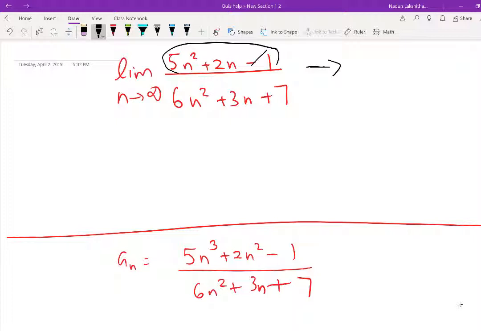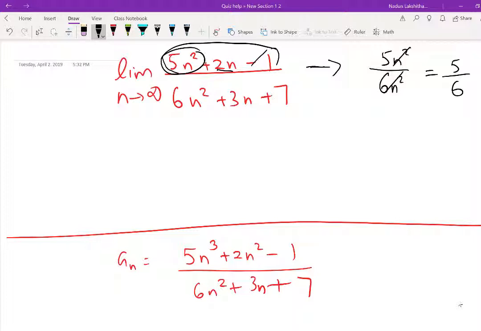So negative 1 doesn't matter. 2 times n, relatively, doesn't matter. So the most dominating term in the numerator is 5n squared. The same argument can be used for the denominator polynomial. The 3n doesn't matter because n is so huge, so 6n squared takes over everything. So 6n squared is the dominating term. So n squared cancels out, so the limit is 5 over 6.